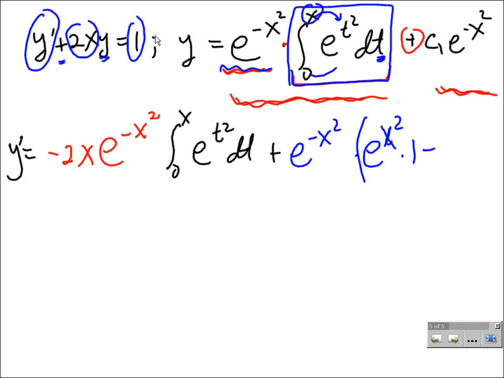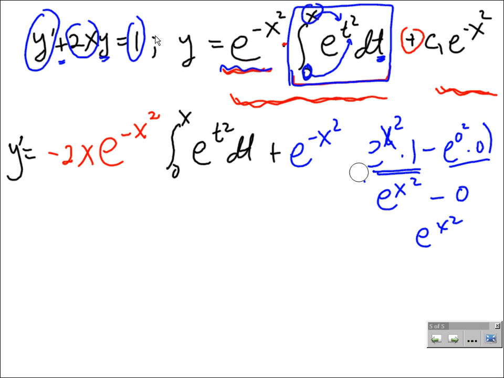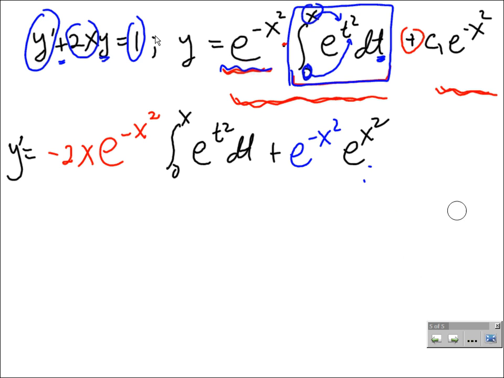minus, then I plug in 0 for t, but no matter what I get, I'm going to multiply it by the derivative of that constant, which will be 0. I'll get e to the 0 squared times 0. Well, this here is just e to the x squared minus, well, anything times 0 is 0. It's just e to the x squared. So I'll put that, e to the x squared. So that's the end of the product rule.